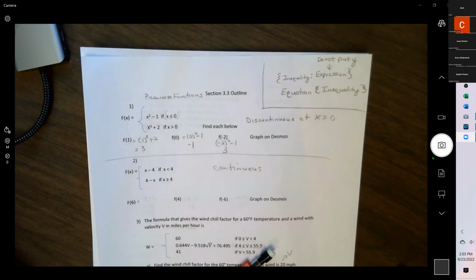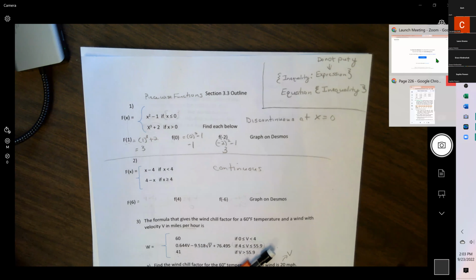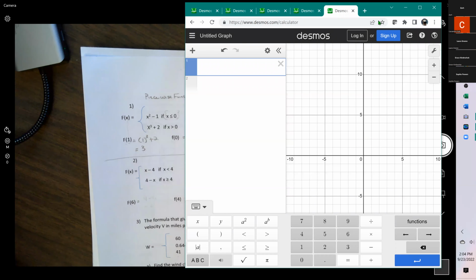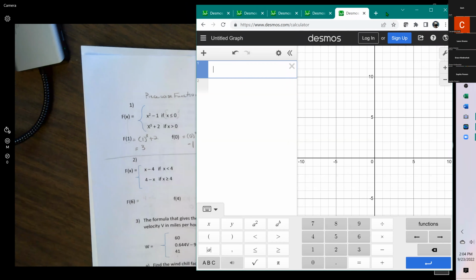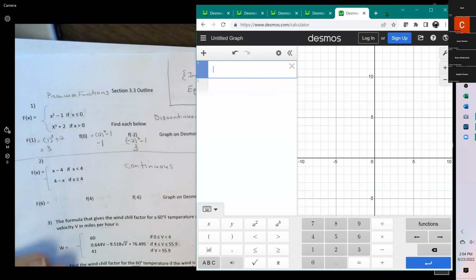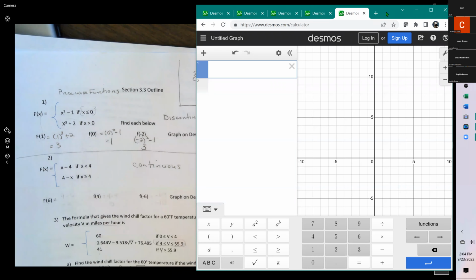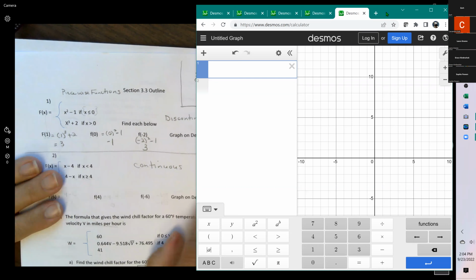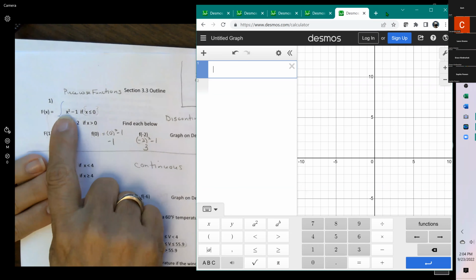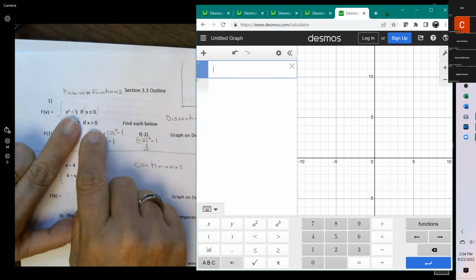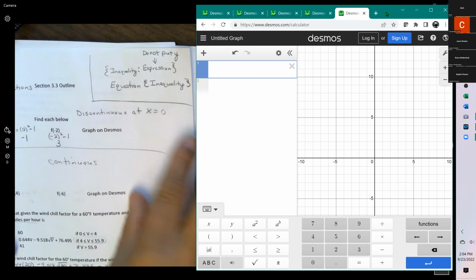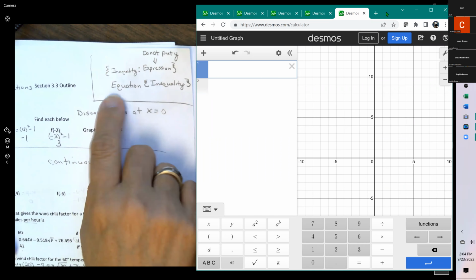Okay, to put it on Desmos, I can put it here. There we go. So first we'll type this first one. Now you can use either one of these formats. I'm going to use the second one.